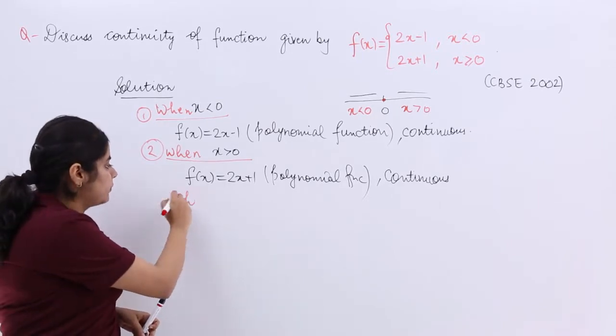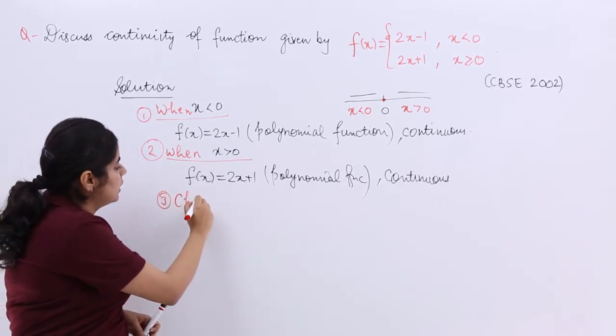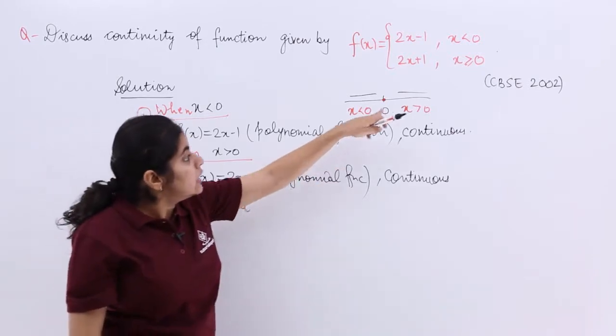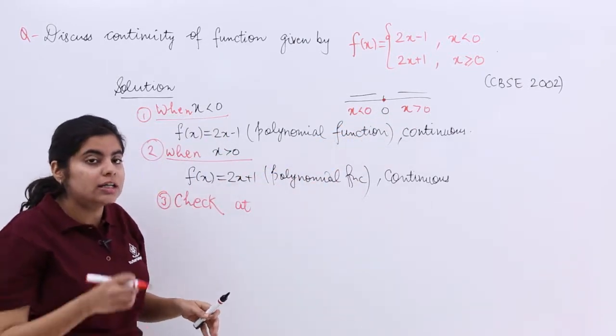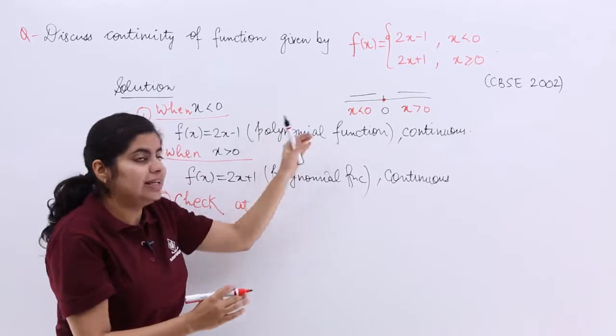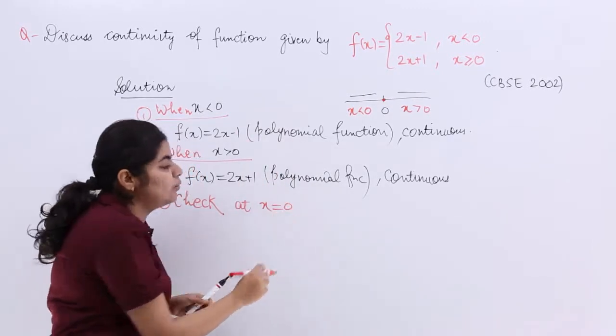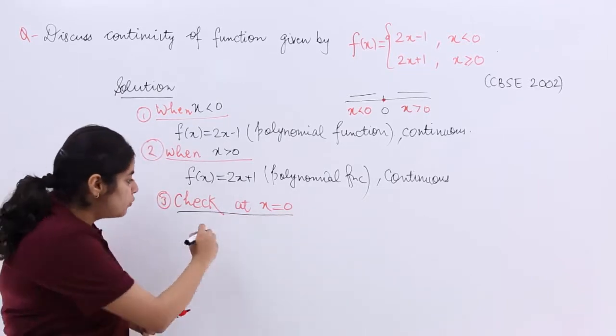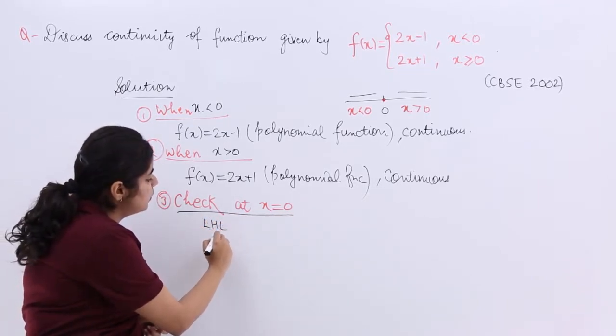Let's check the continuity at the junction point, or the boundaries where the function is defined. Let's check at the exact value x equal to 0. What is LHL at x equal to 0?